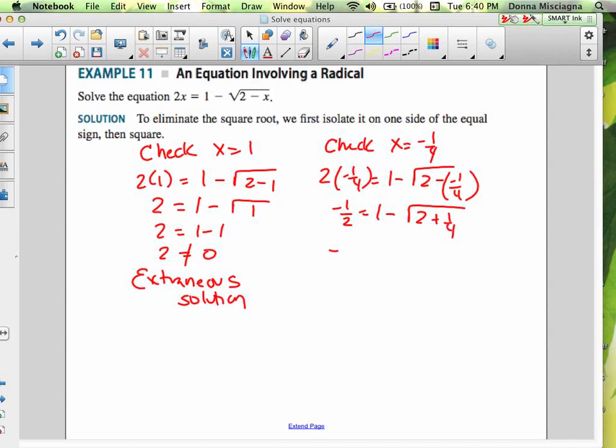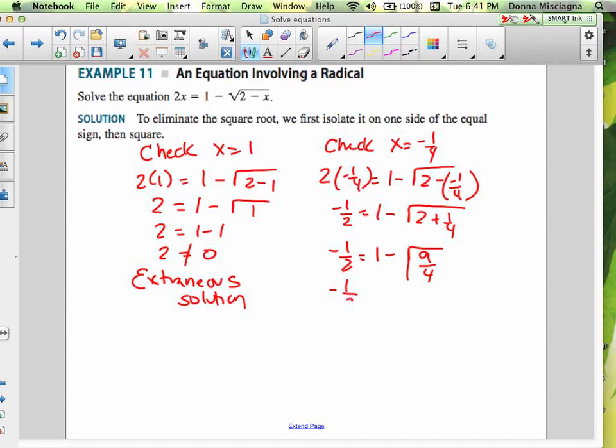That's not going to be a perfect anything, because that would be, oh, yes, it will be. Oh, never mind. I was thinking of 2 1/2. 2 1/4. 2 is 8/4. 8/4 plus 1/4 is 9/4. So this will be 9/4. We can take the square root of 9/4.